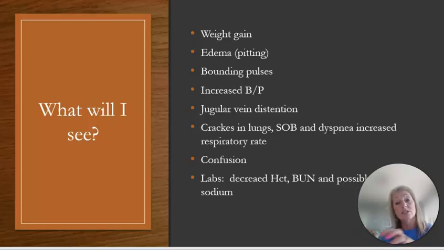So when the water goes into my cell, it gets bigger and bigger and bigger, and it lyses or kind of blows up. We don't like to see this happen. That's very dangerous. Sometimes we can get cerebral edema in the brain and we get brain swelling. So we don't want to see that. Remember, wherever that sodium is, that's where the water's going to come.